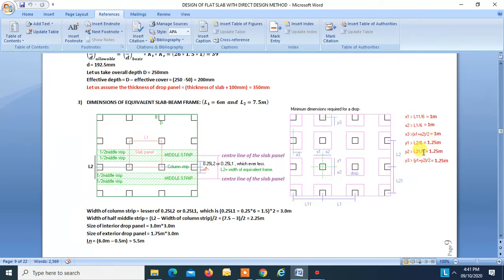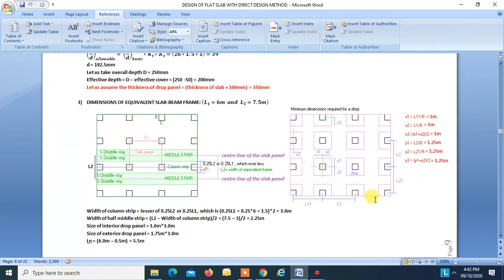Similarly, y2 is also 1.25. So the dimension of the drop should be x1 plus x2, that is 1 plus 1, 2 meters, and y1 plus y2, this is 1.25 plus 1.25, this is 2.5 meters. So this is the minimum dimension to be provided for the drop panel.